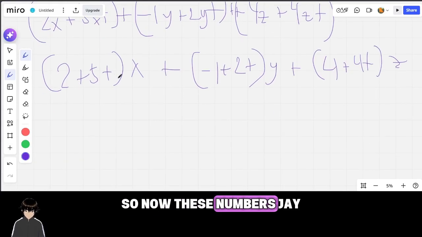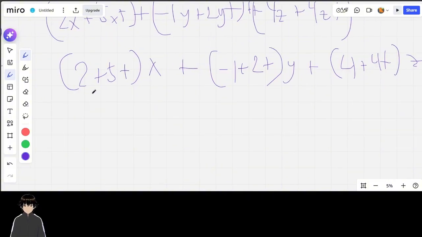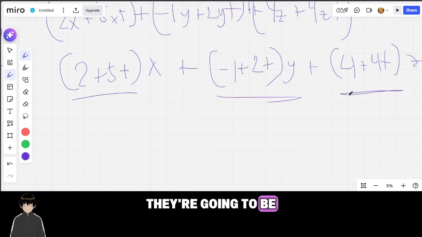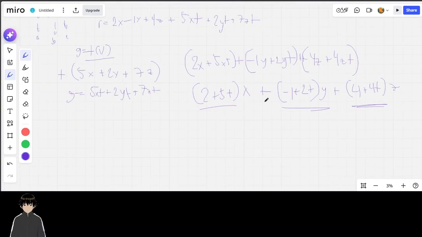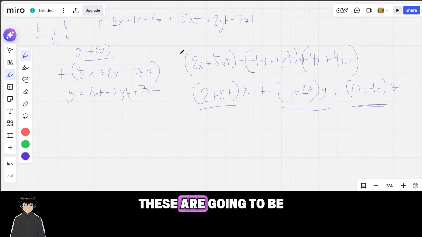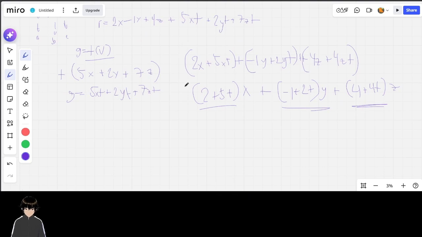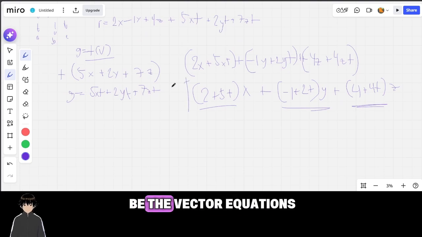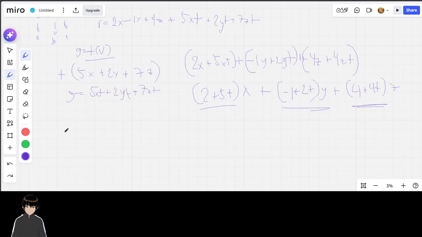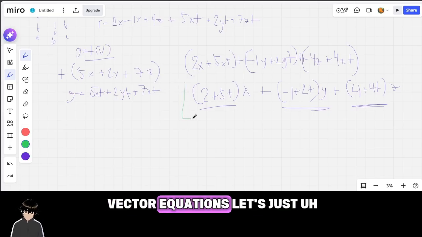So now these numbers right here, this is going to be the vector equations.